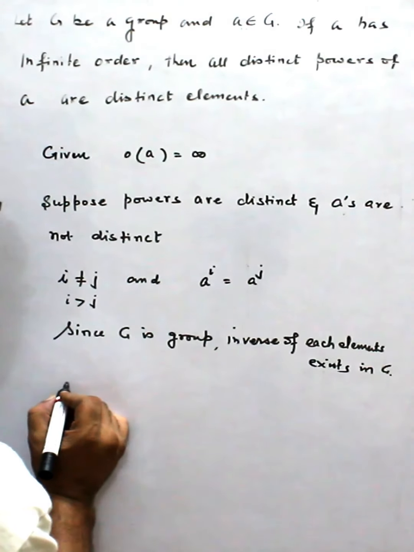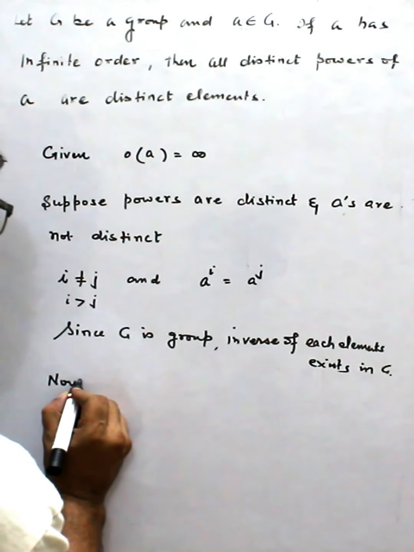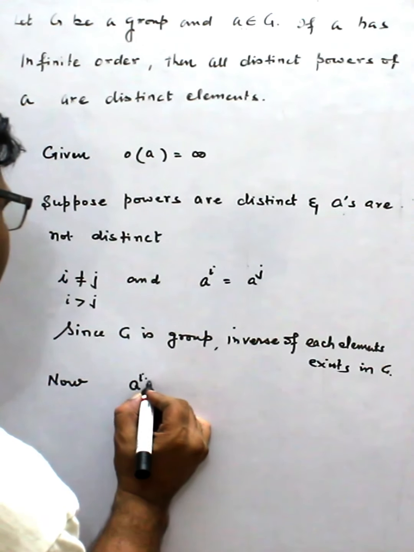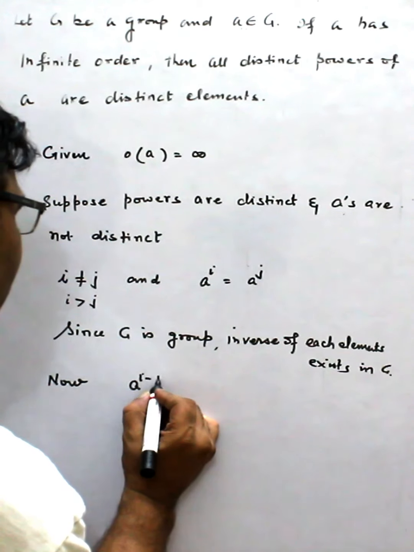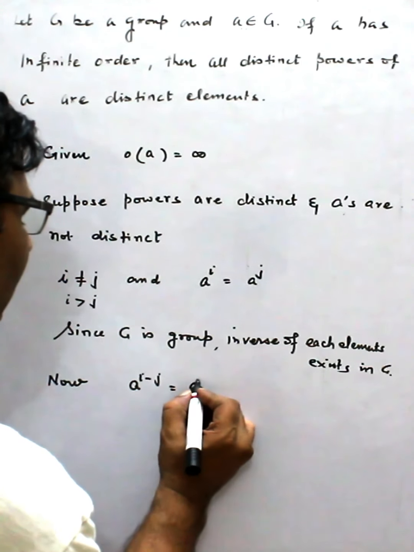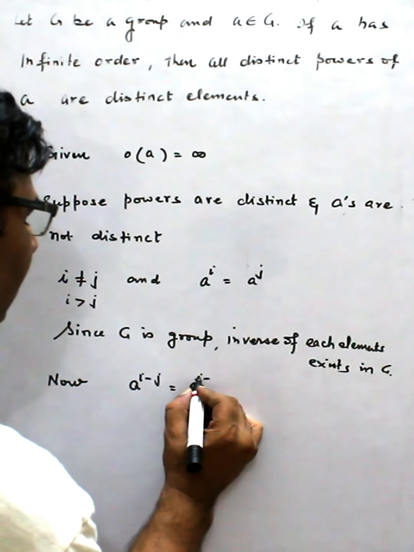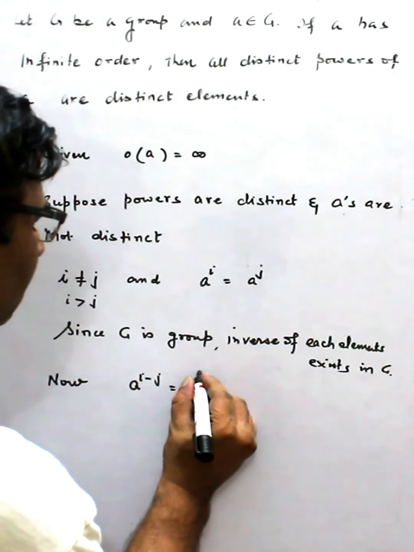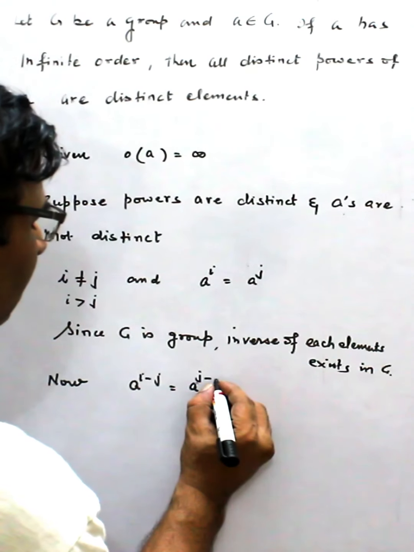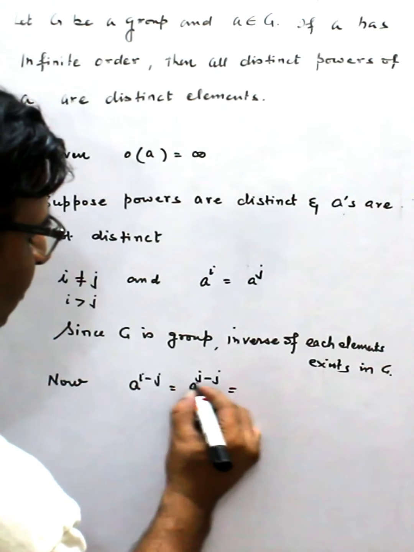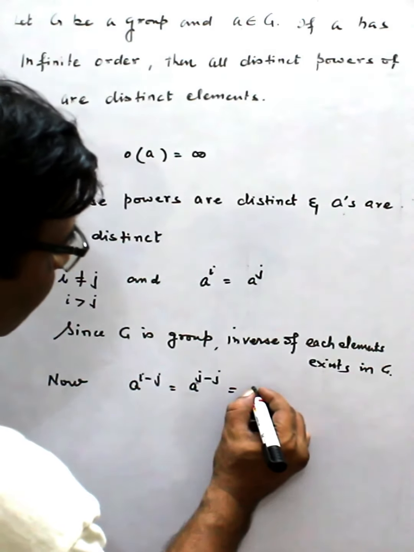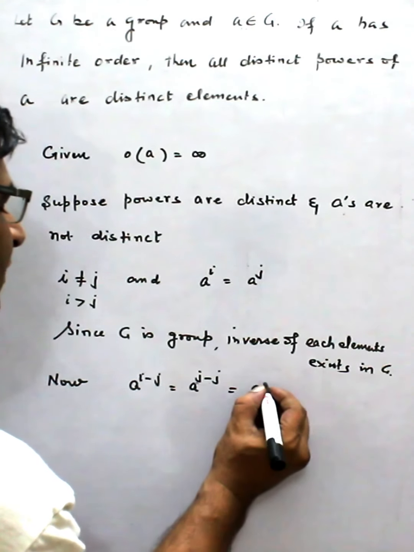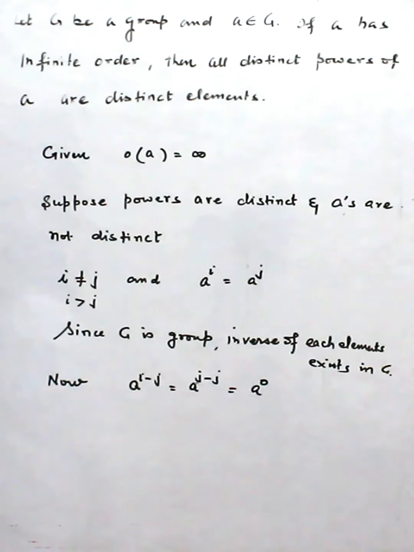That means now A raised to I minus J, A raised to J minus J, so the right side becomes E, or you can say A raised to 0, right?